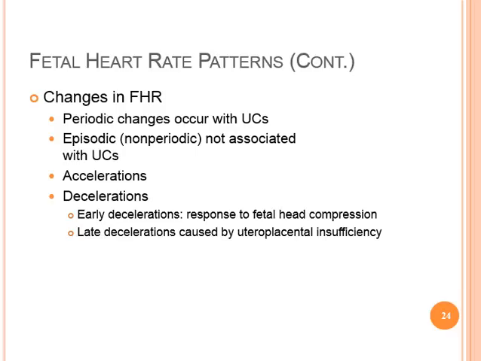A deceleration may be benign or abnormal. Fetal heart rate decelerations are categorized as early, late, variable, or prolonged. They are described by their visual relation to the onset and end of a contraction and by their shape.